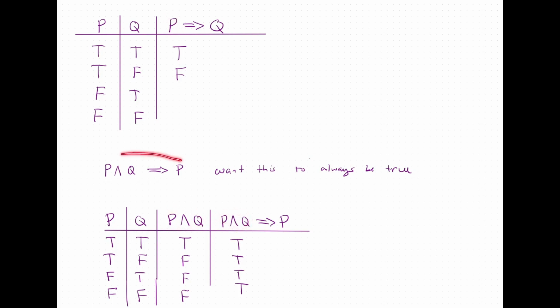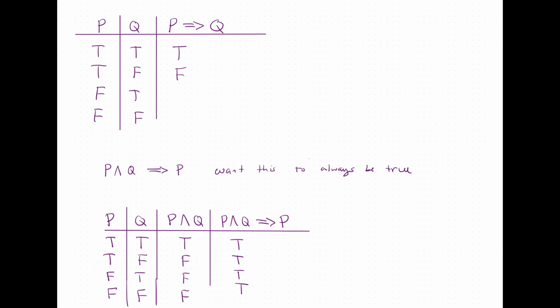And so if we want this to be a tautology, now that this condition is going to force these two to be true. Because what we have is that if the hypothesis is false, and so that means these three possibilities here, and so we take the hypothesis to be false, and the conclusion, which in this case is P, to be true, then we have the instance false and true.